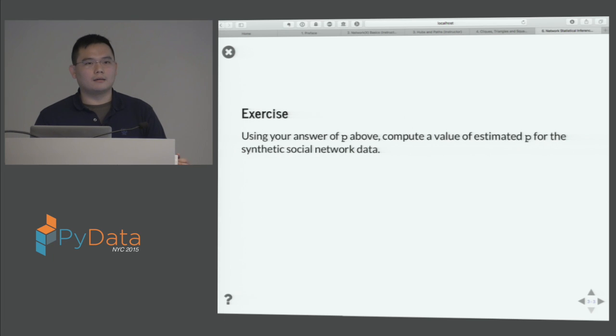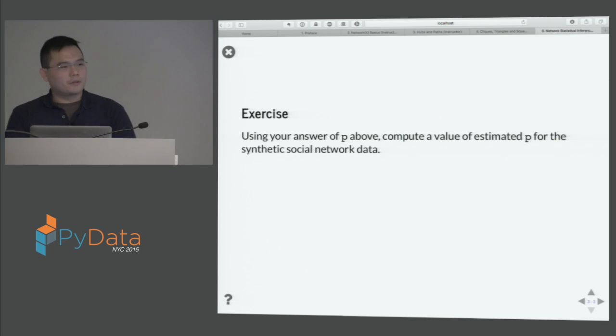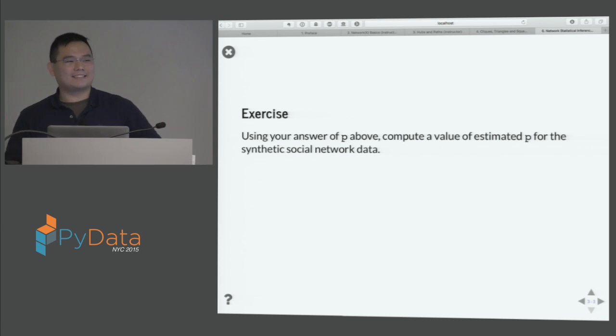Assuming self loops are allowed. So work with your assumptions. A lot of this is statistics in action.